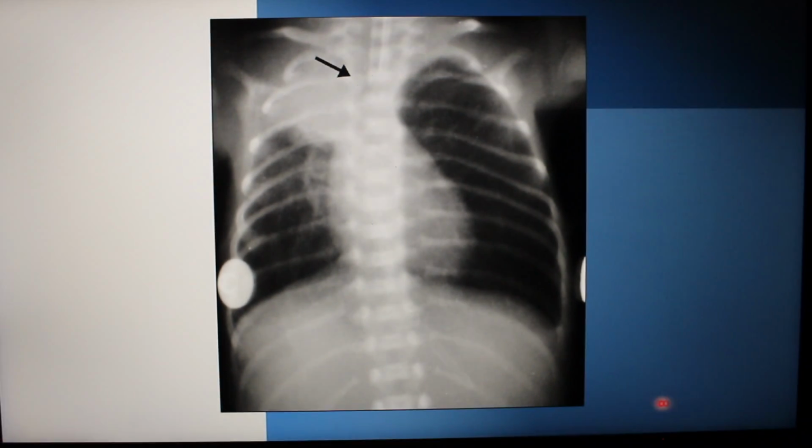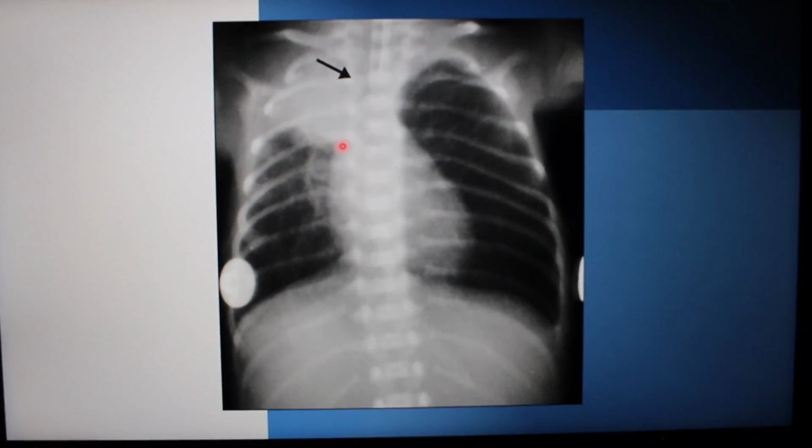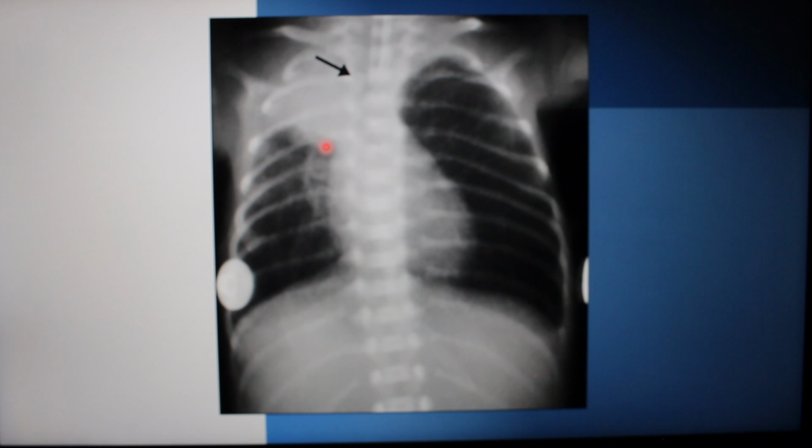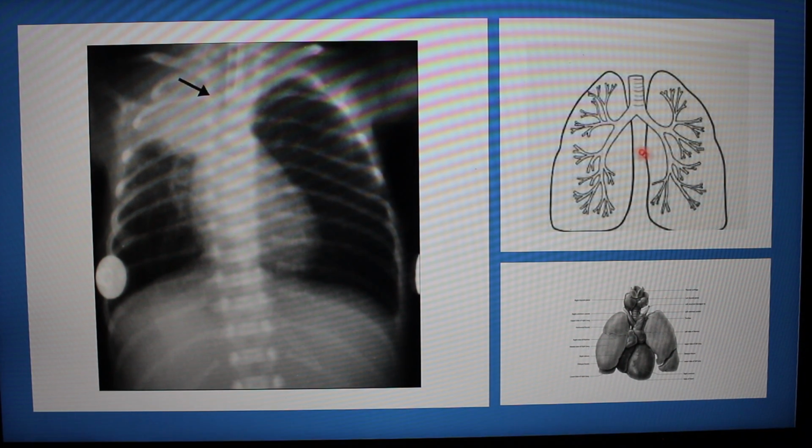So here we see this whole right upper lobe has collapsed. It's consolidated. This is right upper lobe atelectasis. So why might that have occurred? Well, remember from our picture, there's a bronchiole that comes off up here that supplies the whole right upper lobe. If there's mucus here, or what we call a plug, we're going to plug up this whole bronchiole that supplies the entire part of this lung.